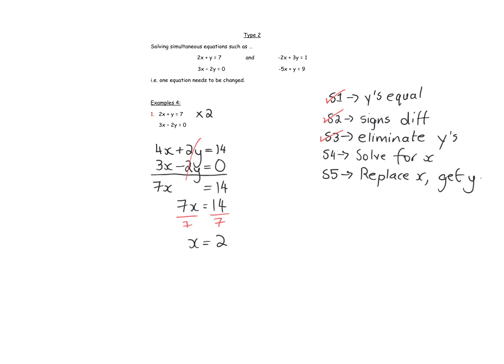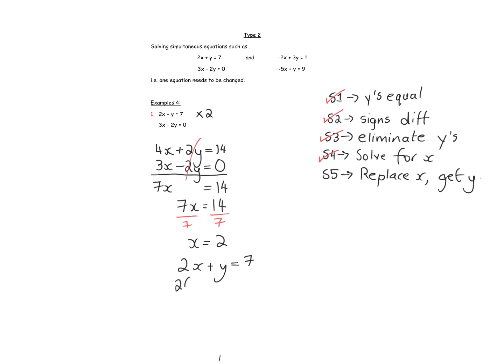Finally then, for step 5, what we need to do is we need to replace x, get y. We take either the first or second equation. I'm going to take the first equation. We have 2x plus y is equal to 7. I'm going to replace x with 2.